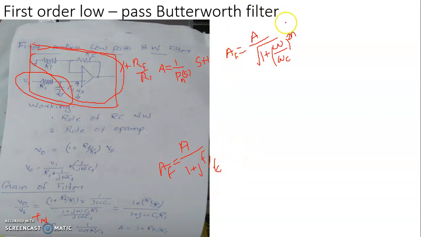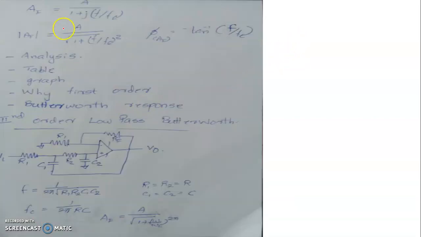That will turn to this empirical relation: AF equal to A by 1 plus j into F by Fc. So AF magnitude, you can prove it as A by root of 1 plus F by Fc whole square. And phase difference phi, of course, is minus tan inverse of F by Fc. This is a lag network.